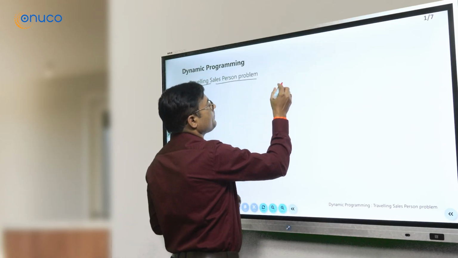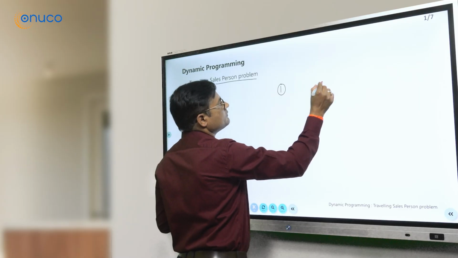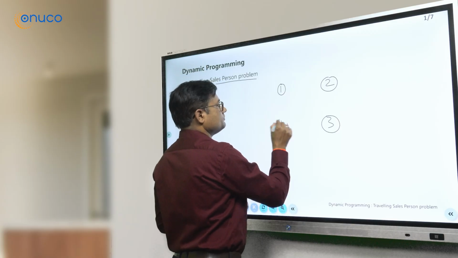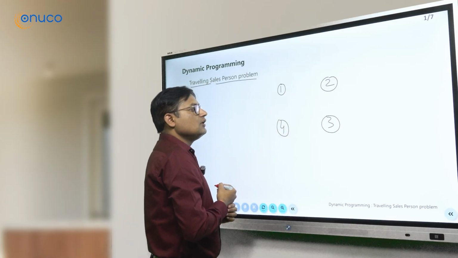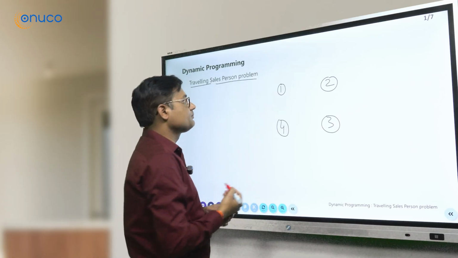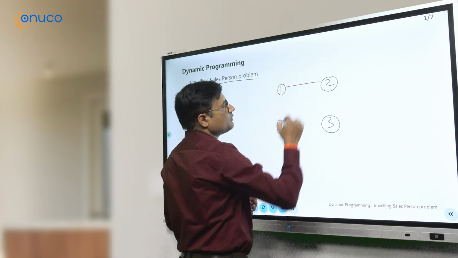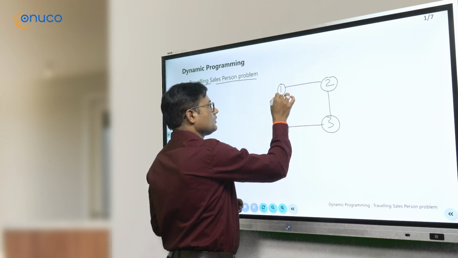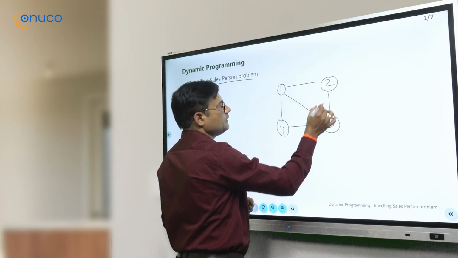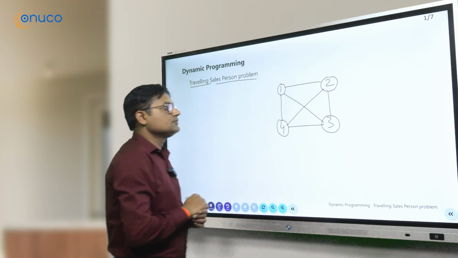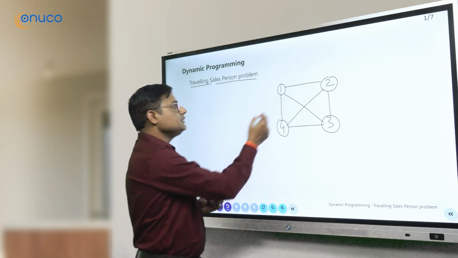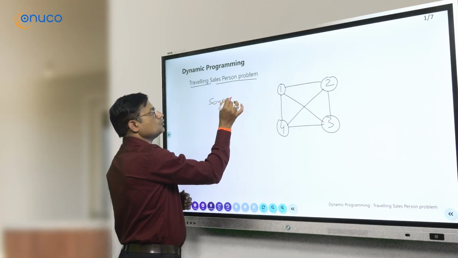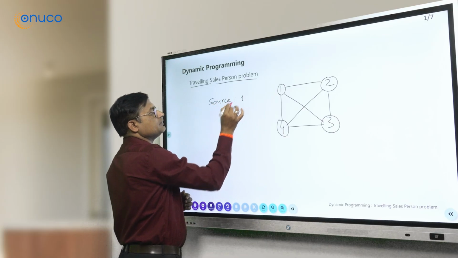For example, here we have city 1, city 2, city 3, city 4, right? Vertex 1, 2, 3, 4. Now say there is a path from 1 to 2, from 2 to 3, 3 to 4, 1 to 4, 1 to 3 and 2 to 4. In this particular case, say the source vertex is 1, meaning city 1.